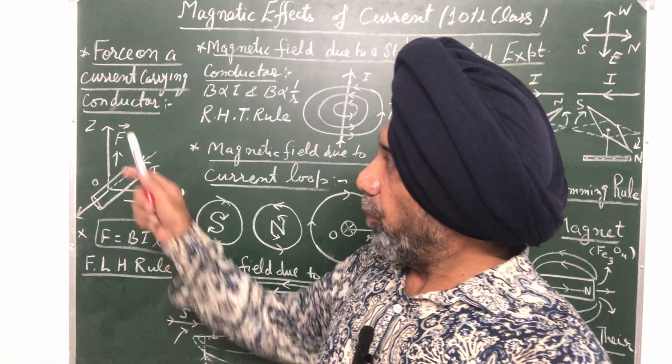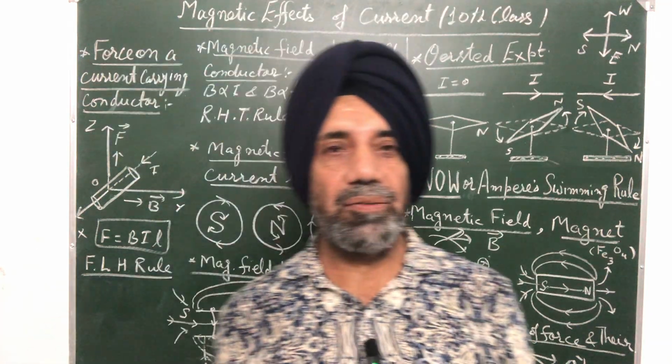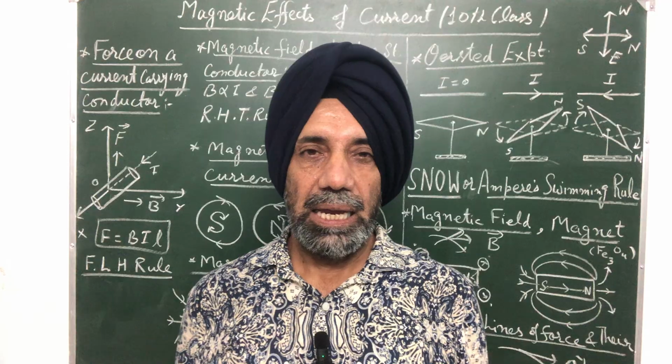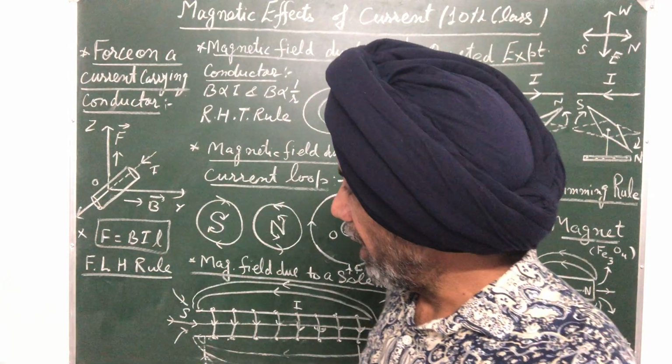Now, if we place a straight wire carrying current in an external magnetic field, then it will experience a mechanical force, and the direction of this force is given by Fleming's left hand rule.